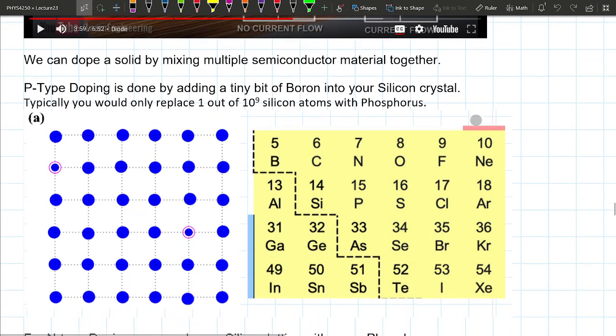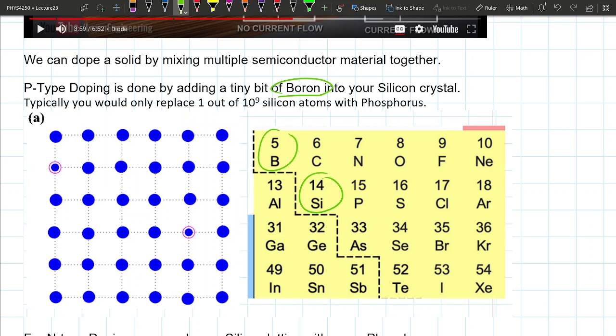So as the video said, p-type doping is done by adding boron. And why boron? Boron is here, silicon is here. You guys remember what sets the column on the periodic table?